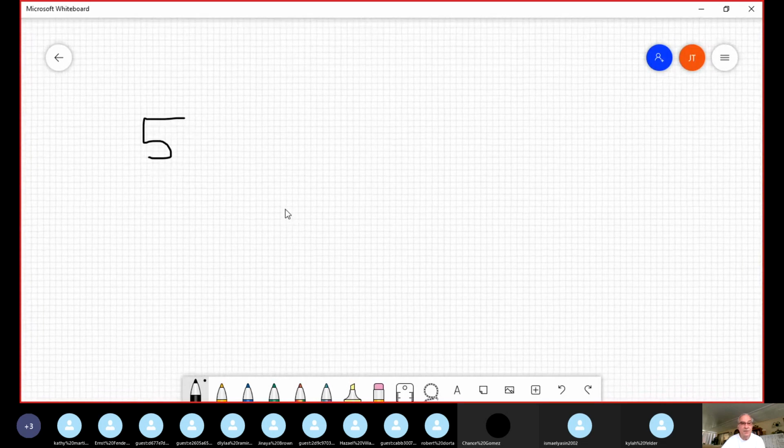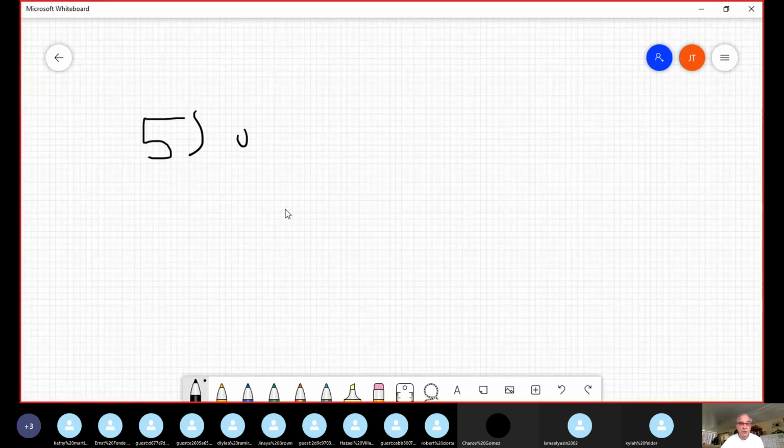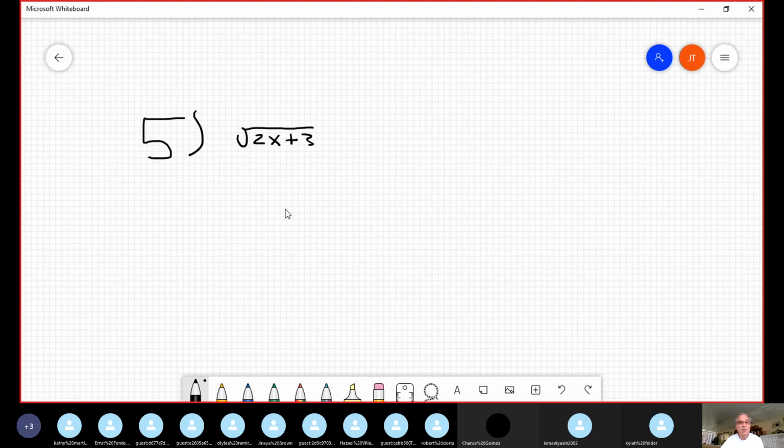Number 5 is the square root of 2x plus 3 minus the square root of x plus 1 equals 1.